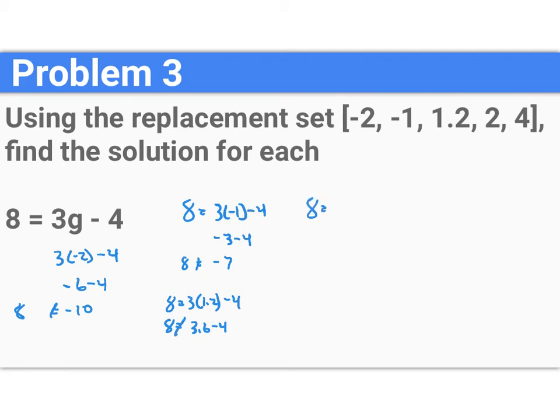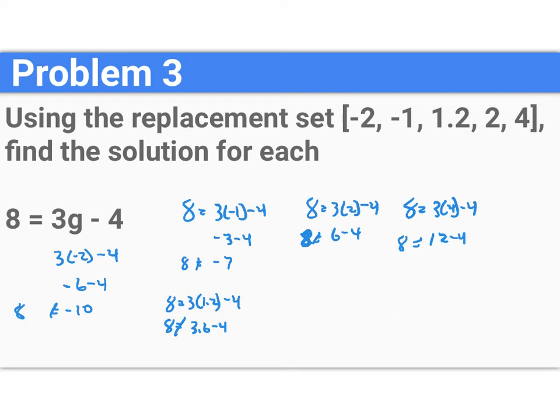8 equals 3 times 2 minus 4. 3 times 2 is 6, minus 4 does not equal 8. And then finally, does 8 equal 3 times 4 minus 4? 12 minus 4 equals 8.